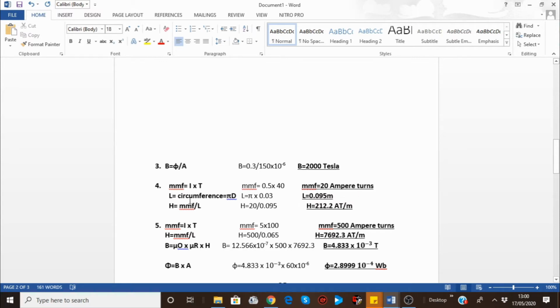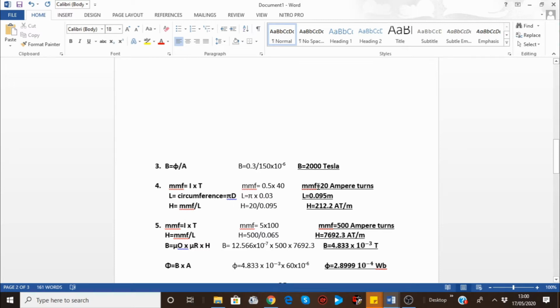L for the circumference, the length is the circumference because it's a toroid, it's a ring, and that is pi times D, and D, we converted that 30 millimeter to meter, 0.03. And if you calculate that, L is 0.095 meters. And then the magnetizing force, H, is MMF over L. That's the formula.